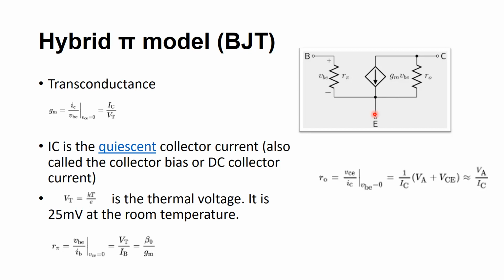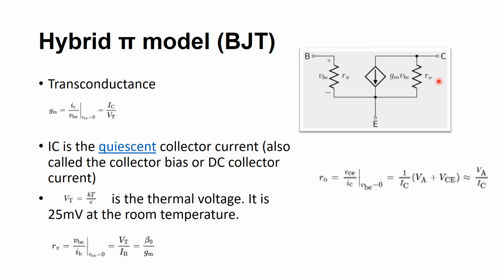So right now we focus on this equivalent circuit, which is a hybrid pi model of a BJT in common emitter mode. What you see here, the vbe, all small letters, and your output voltage across the resistance here is your vce.